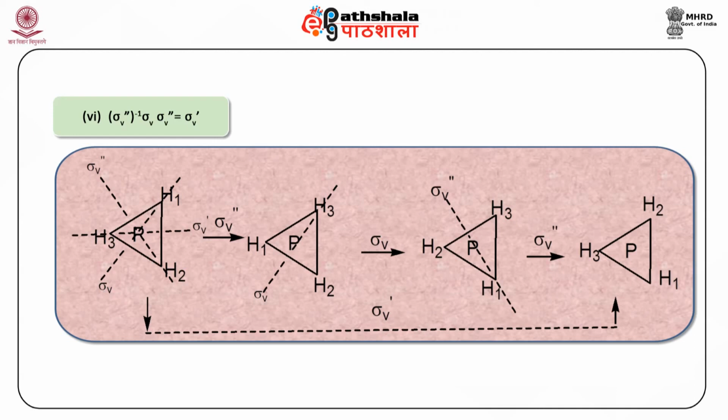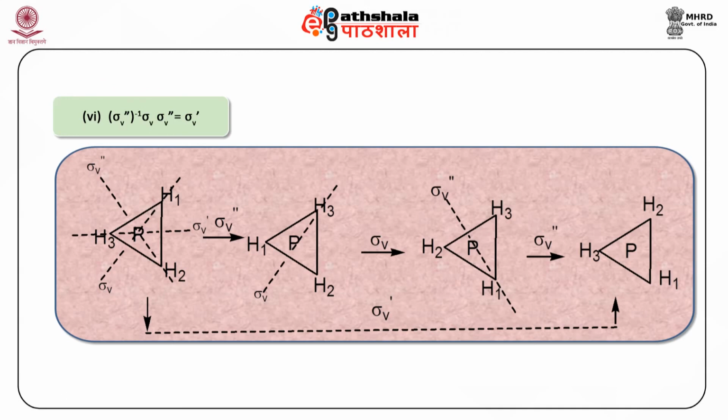Thus, in the group E, C31, C32, sigma V, sigma V dash, sigma V double dash, there are 3 classes: 1. E of order 1, 2. Sigma V, sigma V dash, sigma V double dash of order 3, and 3.